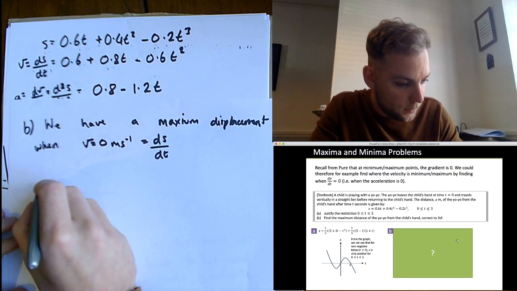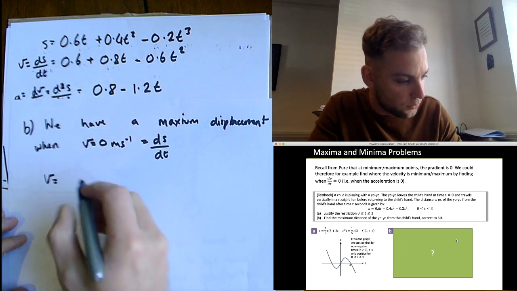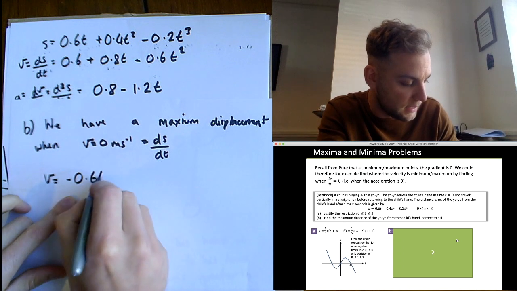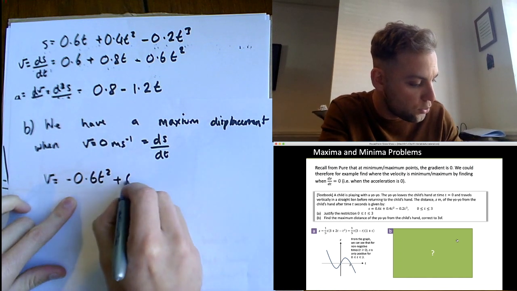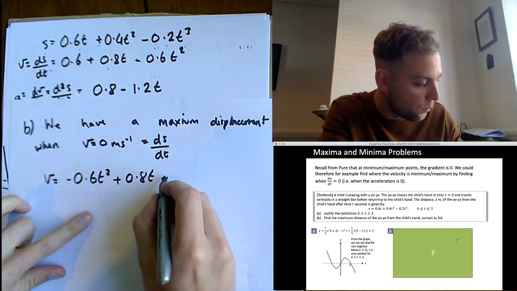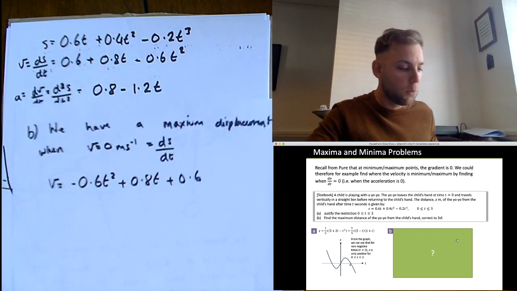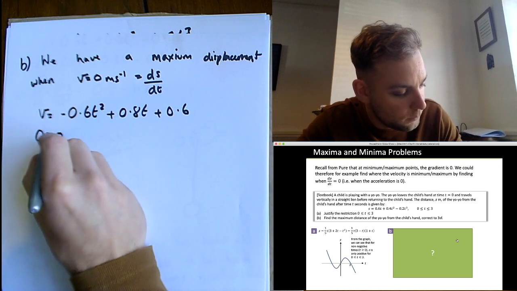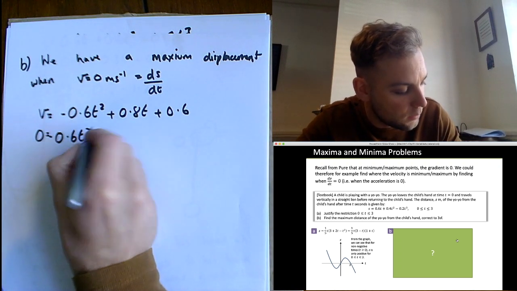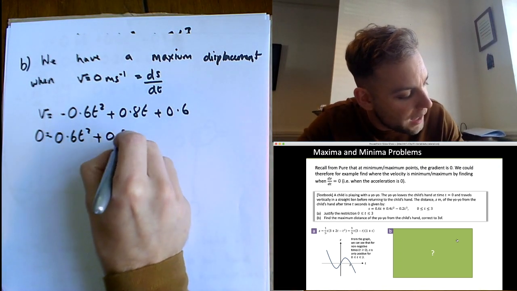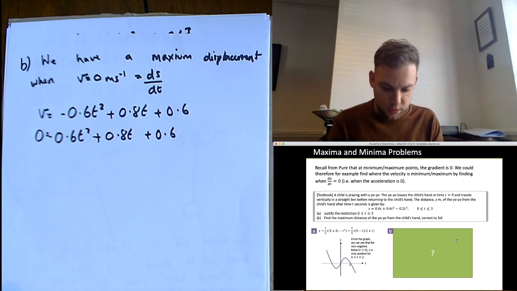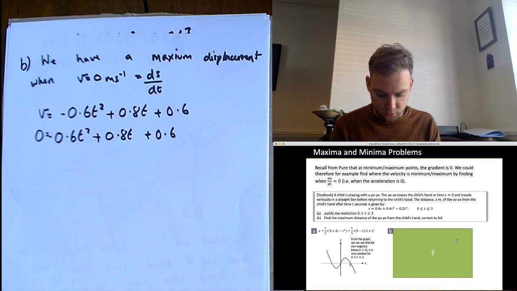So velocity is equal to, I'm going to put it in the right order just to make it easy for when I'm putting in the calculator. So minus 0.6t squared plus 0.8t plus 0.6. I want that to be equal to 0. So with this one, I want a quadratic this time.